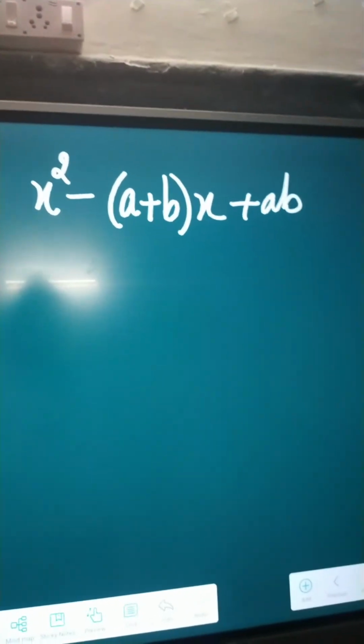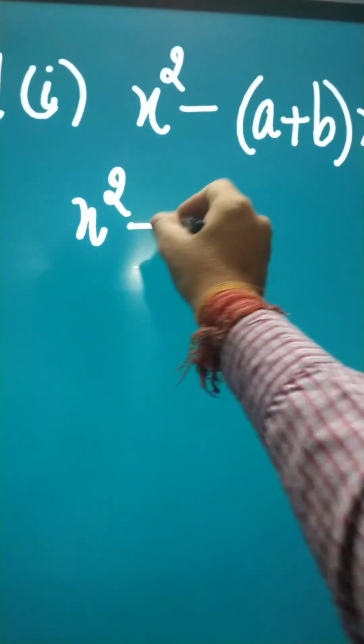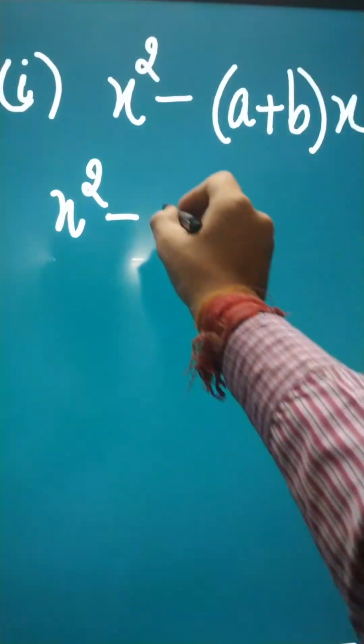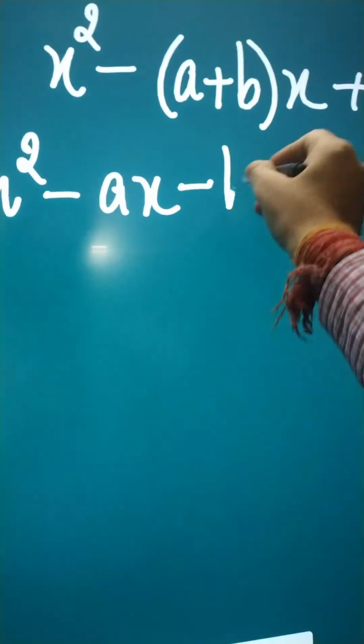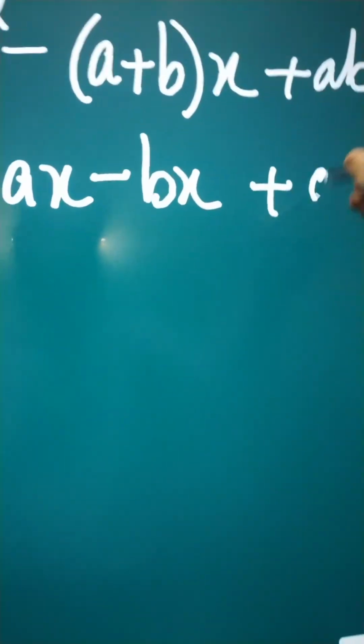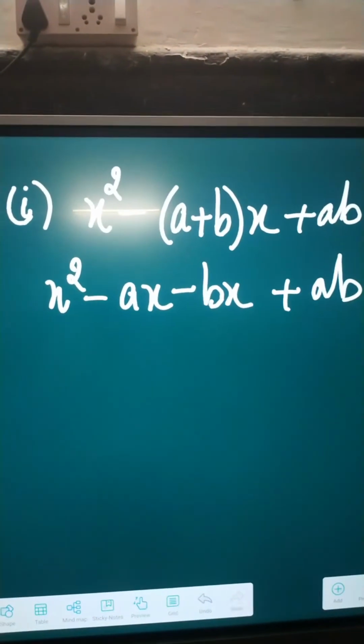Changing the question means I am writing it as x square minus, let's open this bracket, ax. See this, I have multiplied x with a plus b.